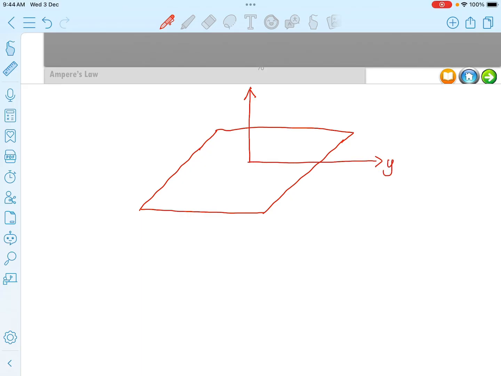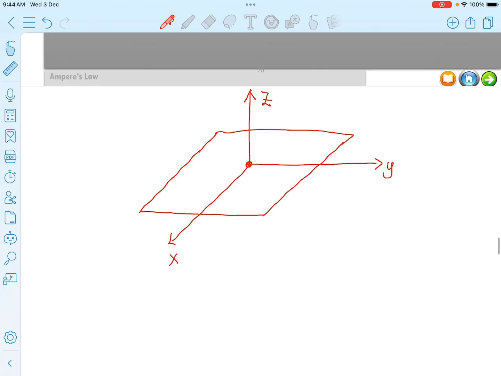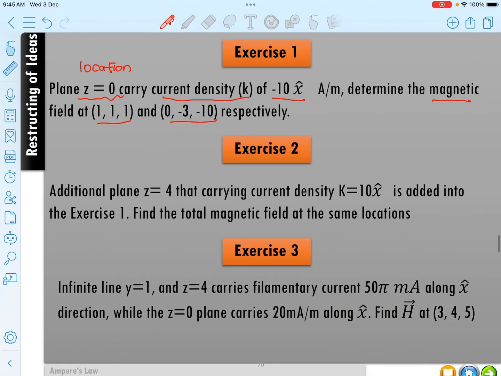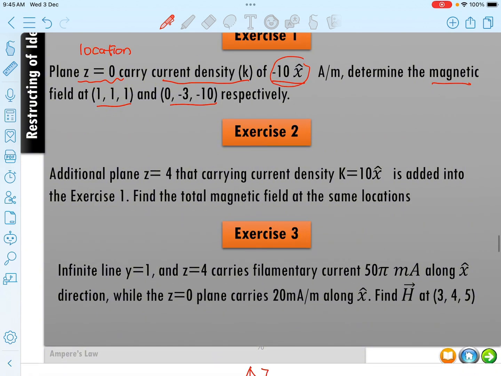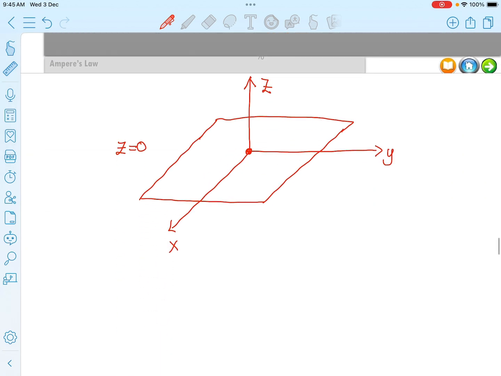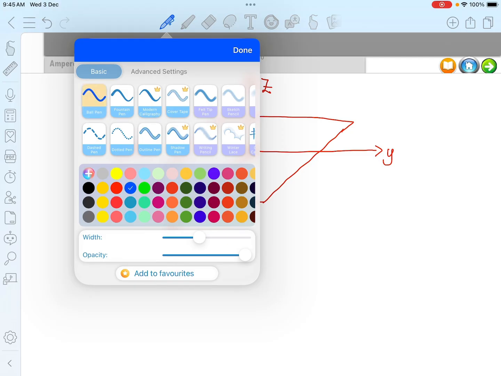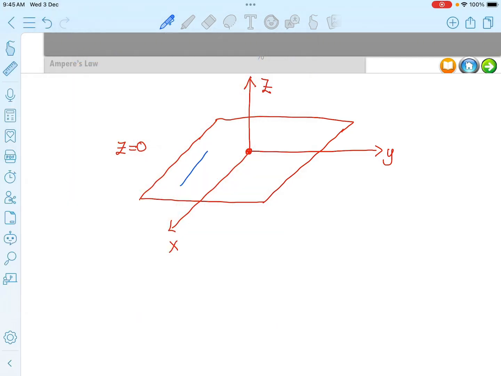This is y, this is z, and this is x. So z equals 0 is here, the plane z equals 0. And now you have your current density in the negative x direction. Negative x is in the opposite direction, meaning that the current flows in this direction, and it is negative 10 x.